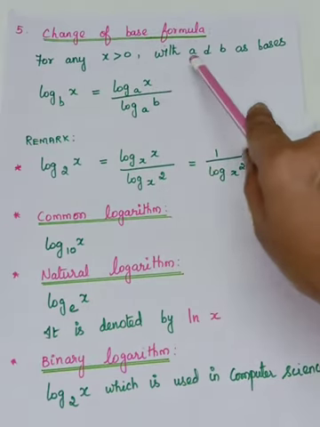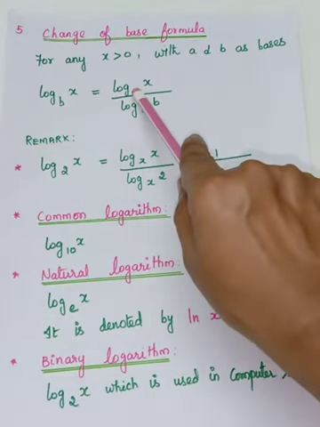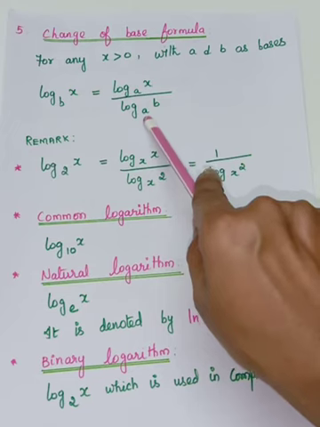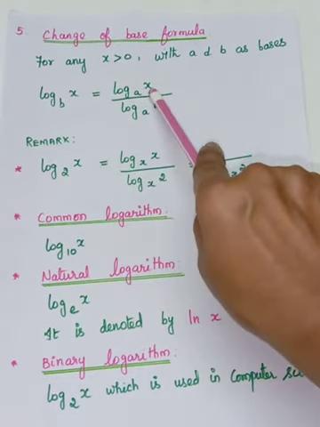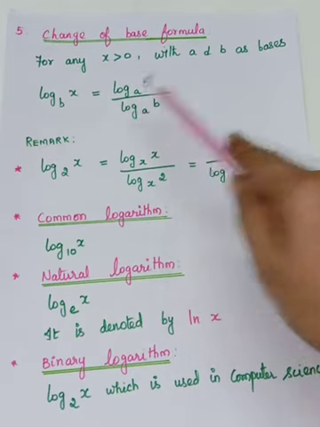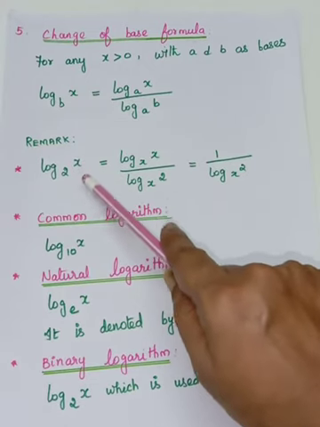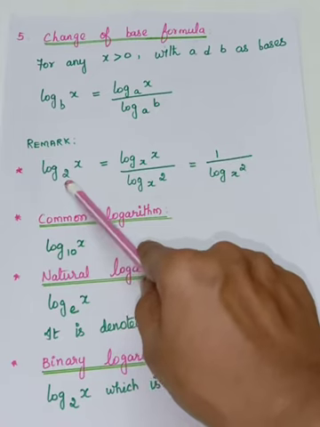Okay, the base we want to change, b, has to be changed to a. So in the numerator as well as the denominator, the base we have written is a. In the numerator, whatever function is here, we have to write it. Log x to the base a divided by log b to the base a. So you see that, this result only we are going to use in the problem. Log x to the base 2 is here.